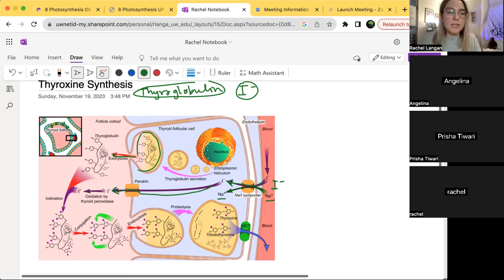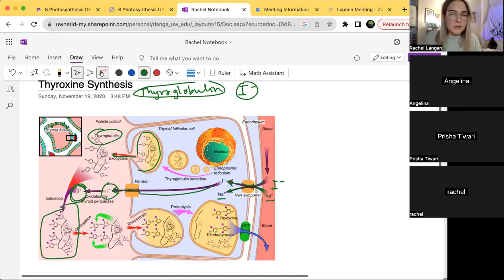Okay, once we have both thyroglobulin and iodide in the lumen, what happens next is we're going to turn iodide into iodine. We're going to oxidize iodide. And then once it's oxidized, we can combine those two things together. So iodine plus thyroglobulin get combined together.